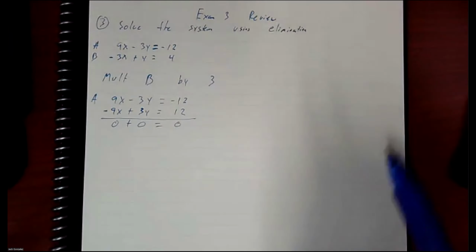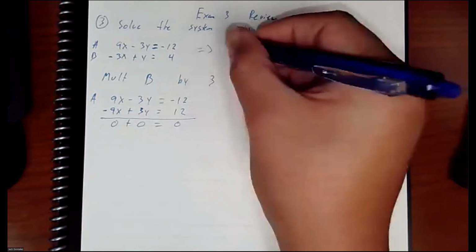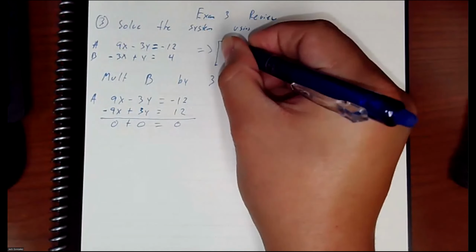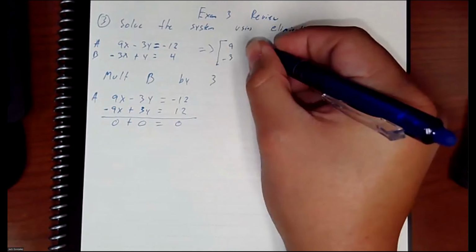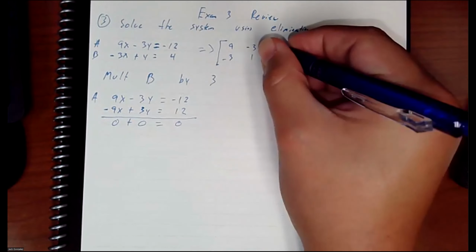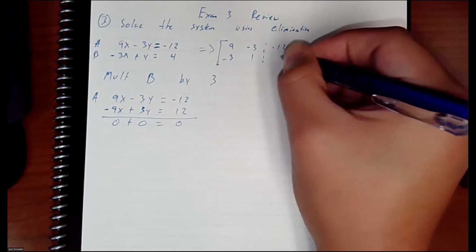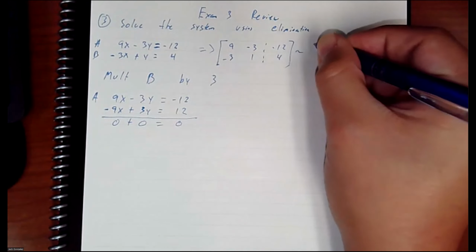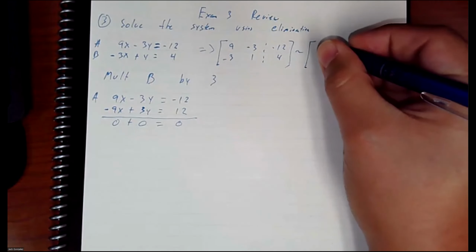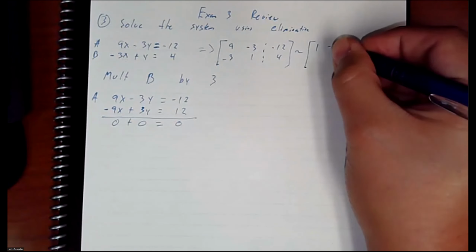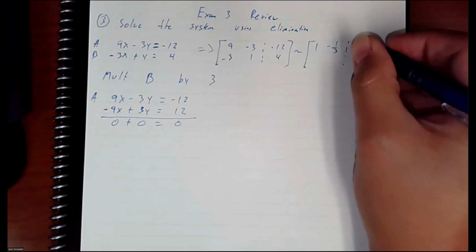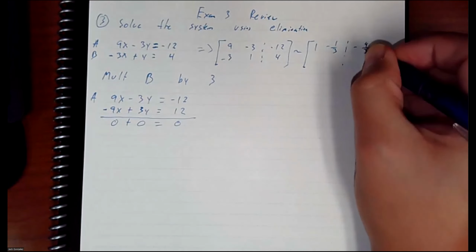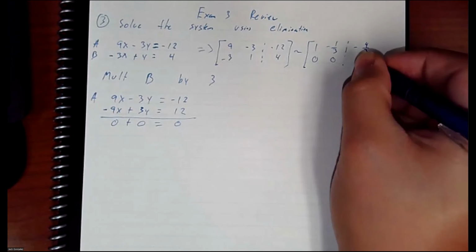So let's go ahead and write this down as a matrix. That becomes 1, negative 1/3, equal to negative 4/3. 0, 0, 0.